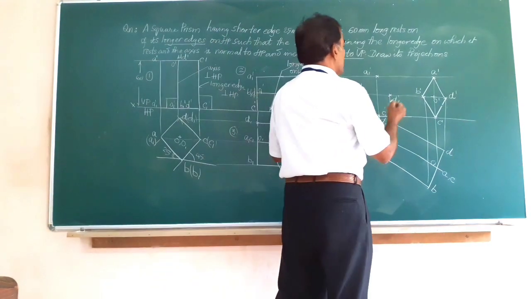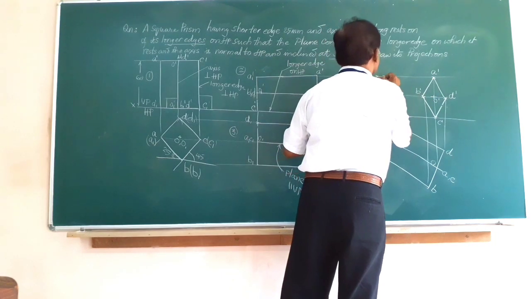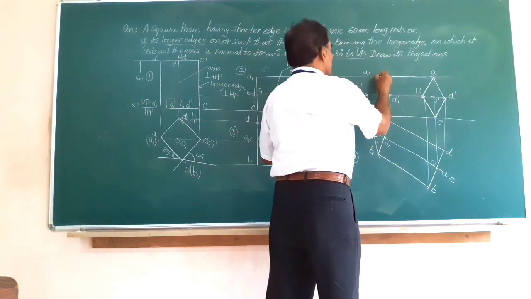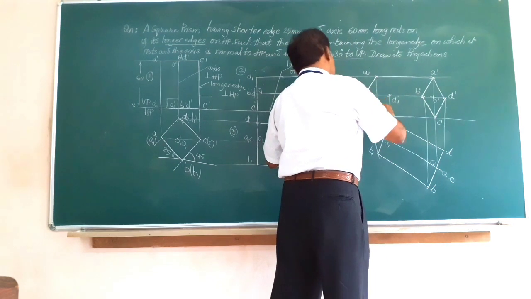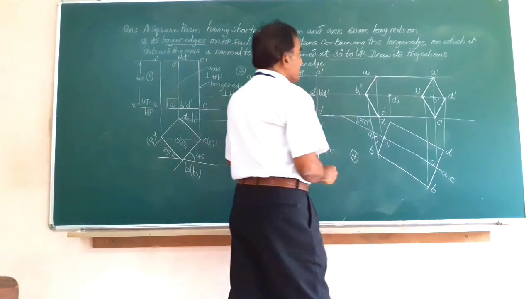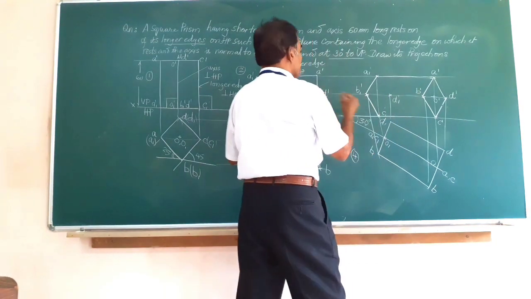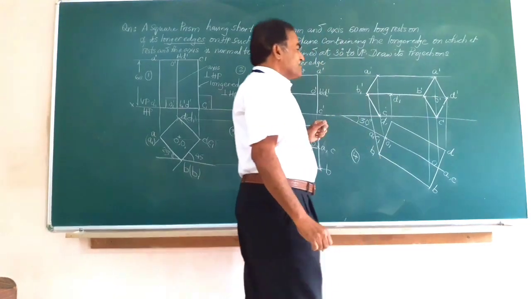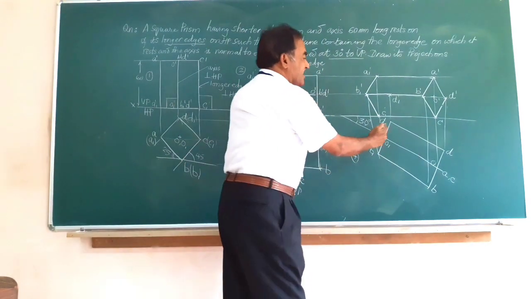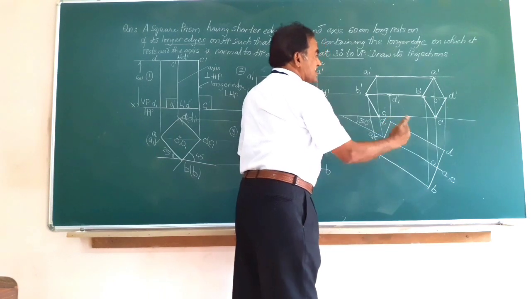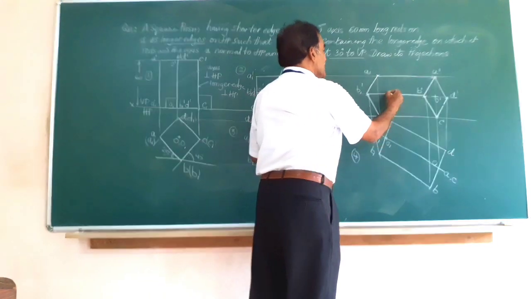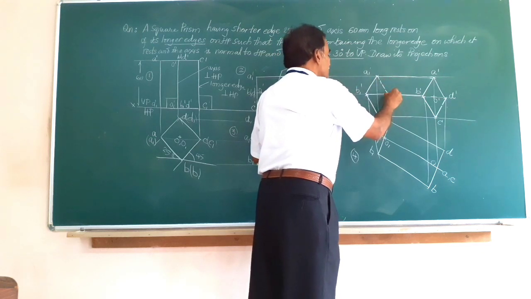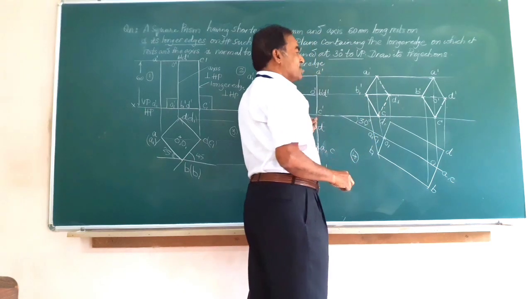So, let me join the visible lines of the borders. This is a full line, this is a full line, this is a full line, and here you can see this BB1 is also visible. What is not visible is the corner B1 of the bottom face, and hence all these lines, the shorter edges AD and A1D1, are shown by dotted lines.